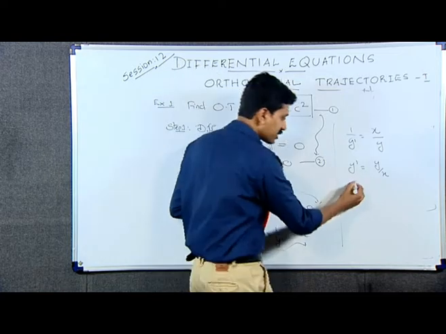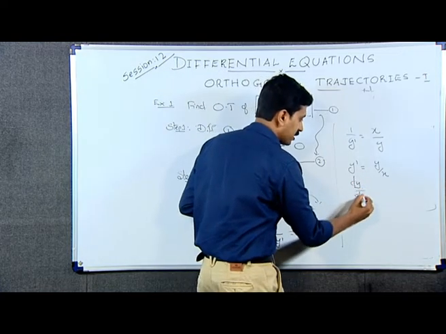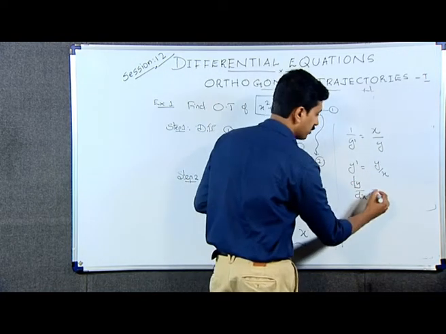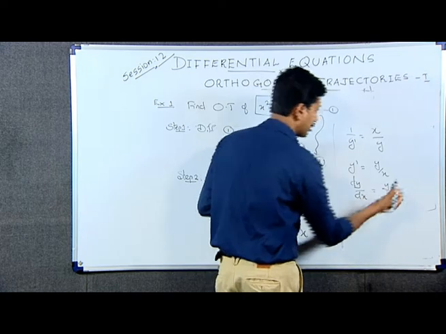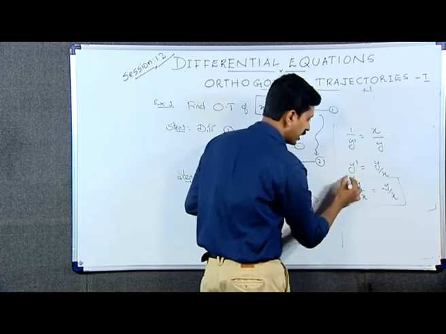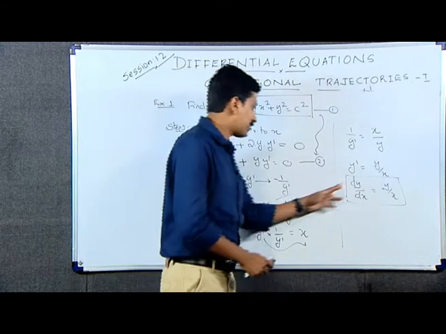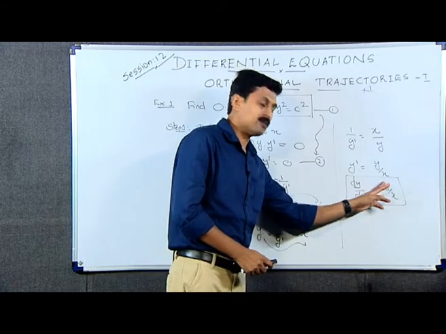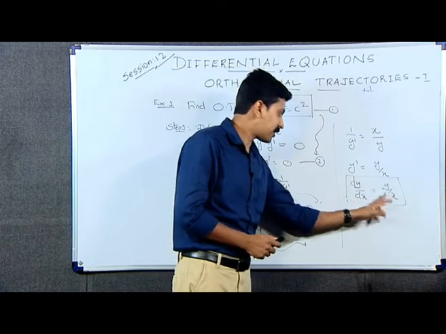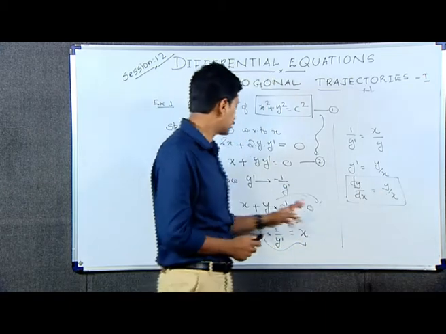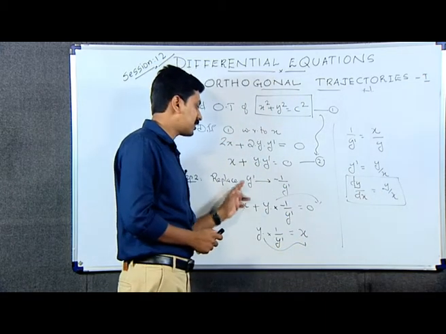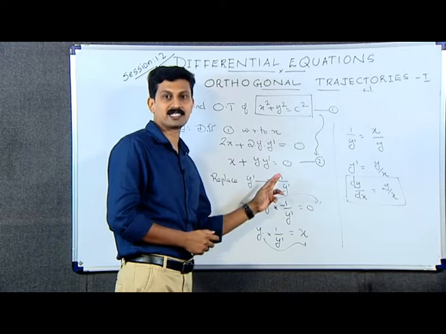That is, dy by dx is equal to y by x. This is the differential equation obtained by changing y dash as minus 1 by y dash.